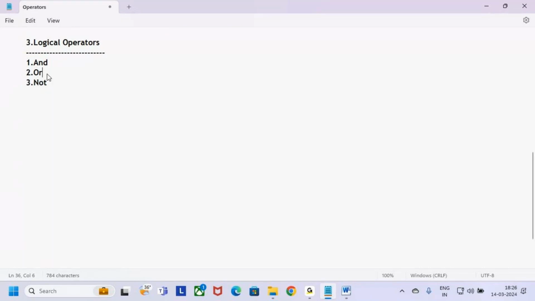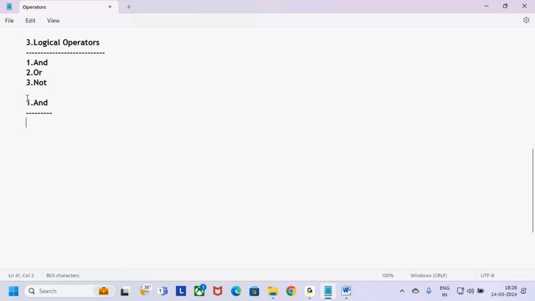First, let me explain about the AND operator. Now, what's the functionality of this AND operator? First try to understand the definitions, guys, and then you will understand how it works practically.